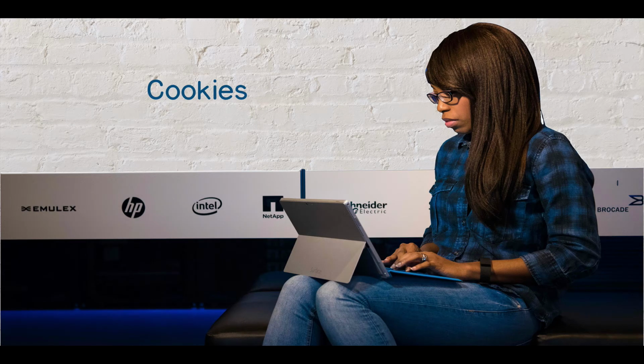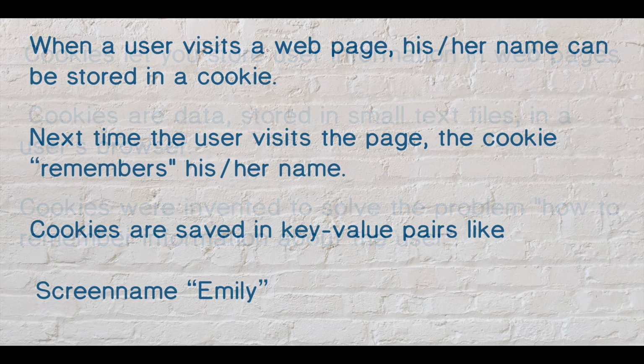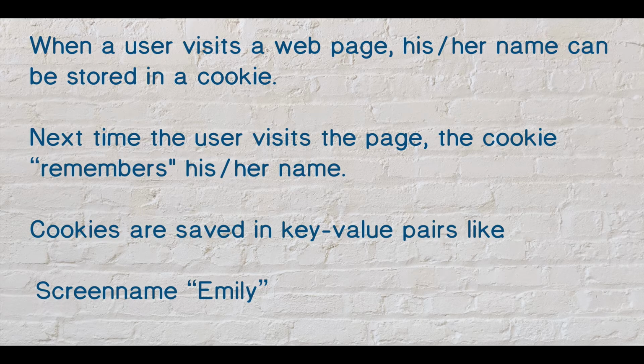So cookies. What cookies are is they let us store some user information right within the web page in a person's browser. So they're data stored in small text files in a user's browser. Keep in mind that this is the state within the browser side, not on the server side. They were invented to solve the problem of how to remember information about a user. So when a user visits a web page, we can remember their name and store it in a cookie.